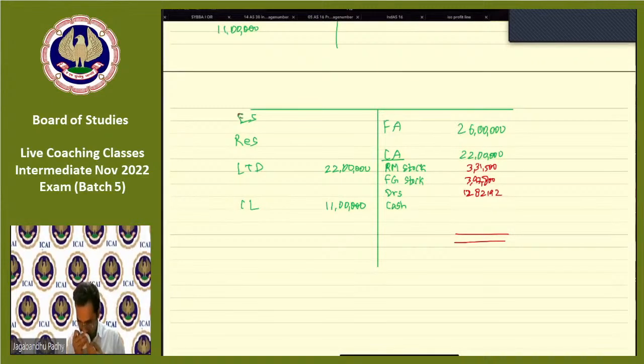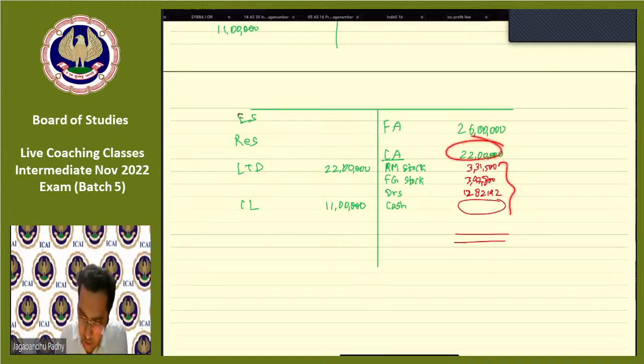Now, how do we go about the remaining things? We have equity share capital, reserves pending, and the cash balance pending. Obviously, that cash is going to be a balancing figure because all of them should be totaling to 22 lakhs. So the cash will work out to be 1,88,508.